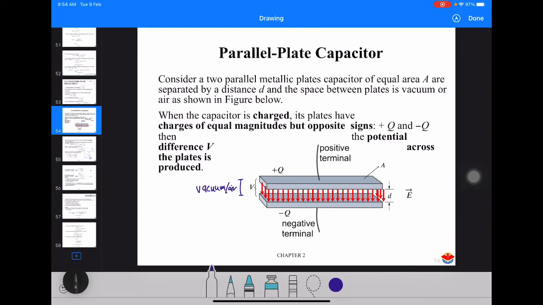When the capacitor is charged, its plates have charges of equal magnitude but opposite signs, positive and negative. Then a potential difference V across the plates is produced. Because of the difference in sign, it means they have different potential, so you have a delta V. The direction of the electric field will be from the positive plate towards the negative plate.